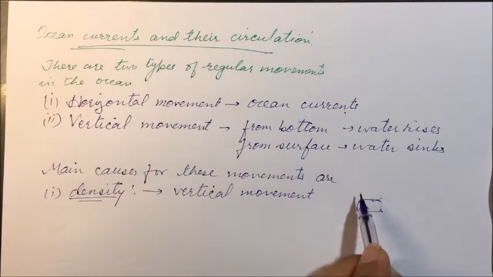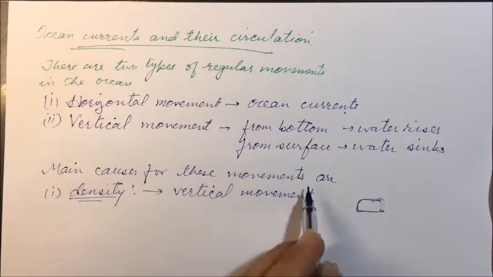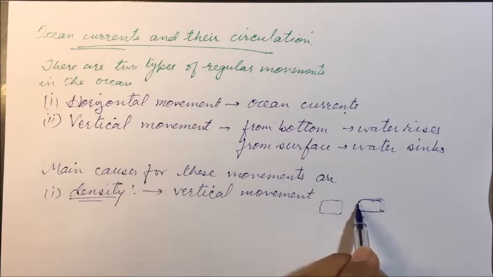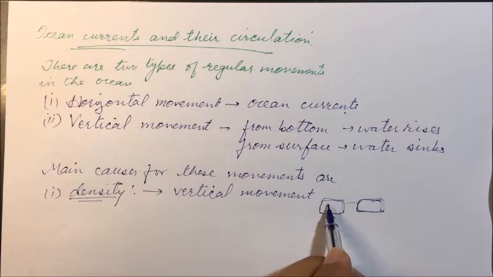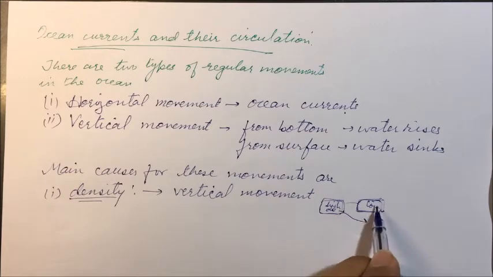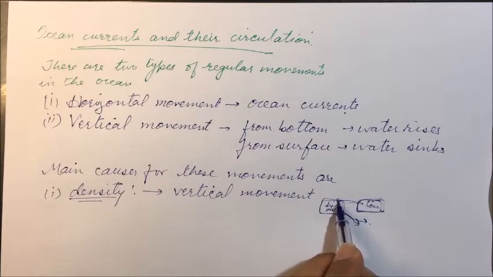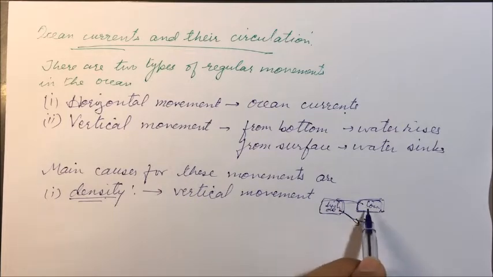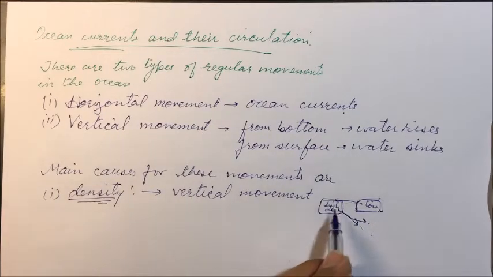Or there is a rainfall at the equatorial region, here the density will decrease. And in the nearby area there is high density. So this high density water will subside below the low density water. It will sink down, and this will move here. So density results in horizontal as well as vertical movements, but mainly variation of density results in vertical movement.